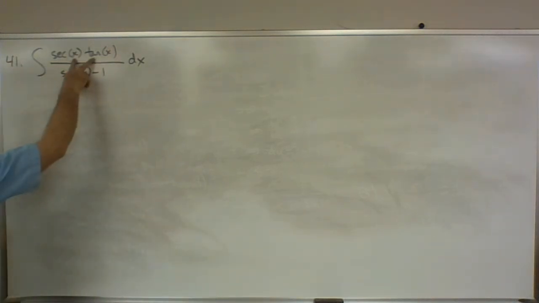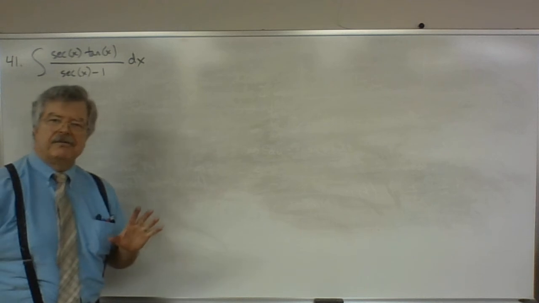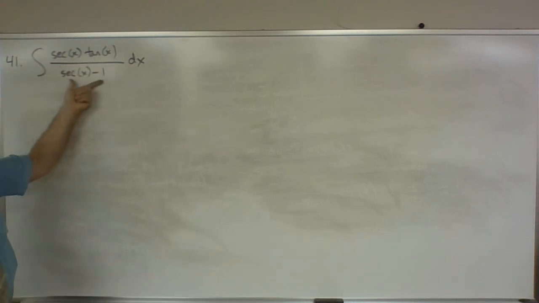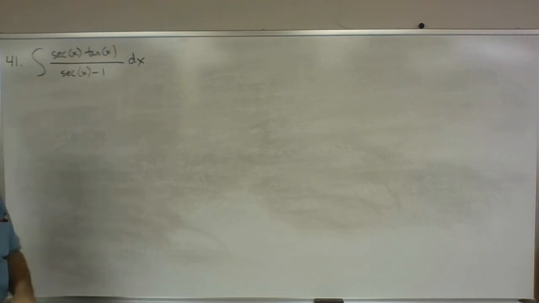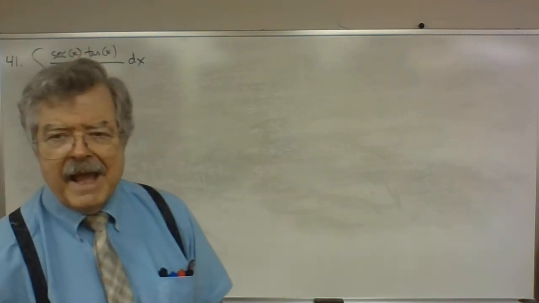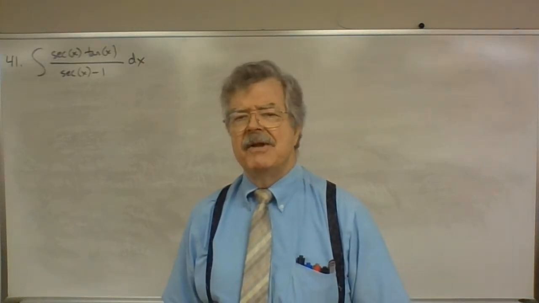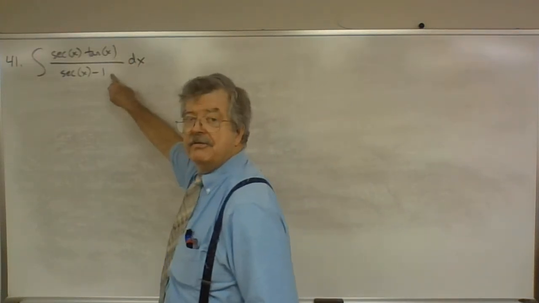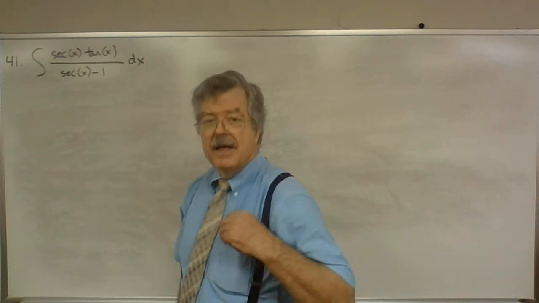So the numerator is the derivative of secant, but in a slightly broader sense, the numerator is the derivative of the entire denominator. The derivative of secant x minus 1 is secant x tangent x. So I have an antiderivative in the form of derivative on top, original function on the bottom.